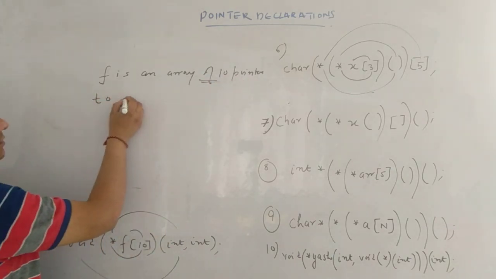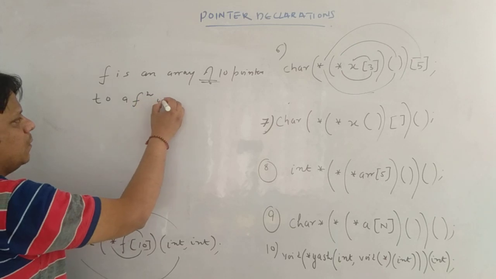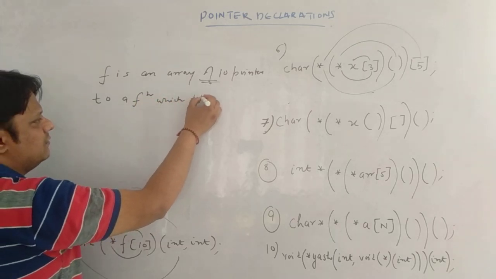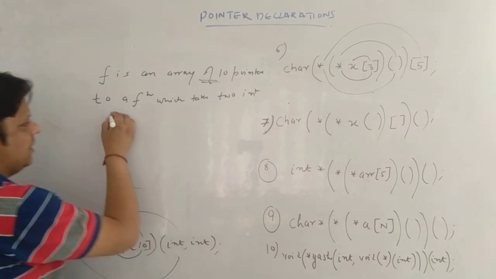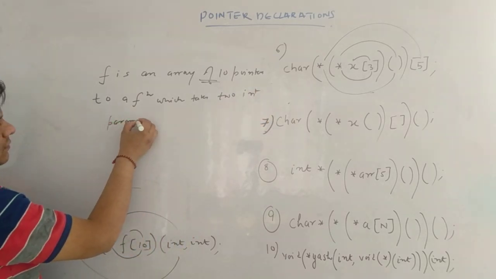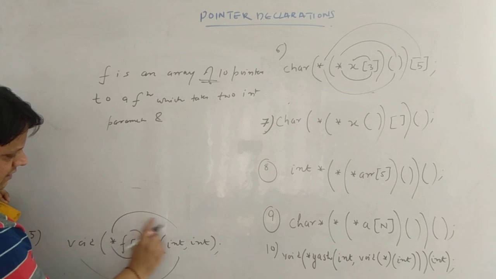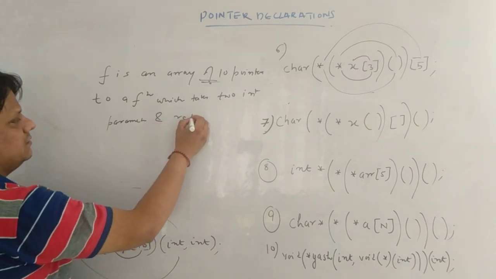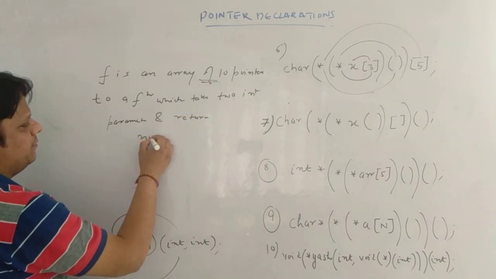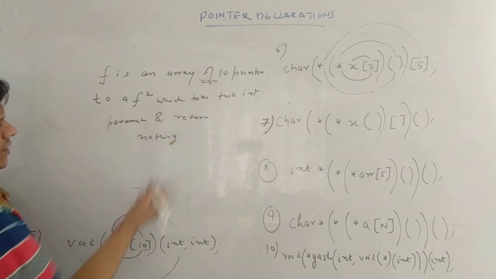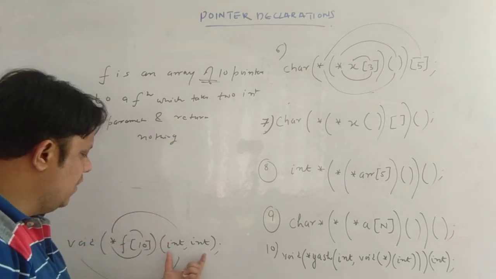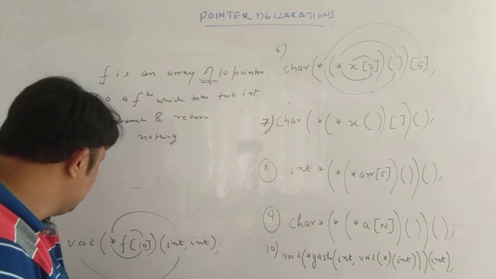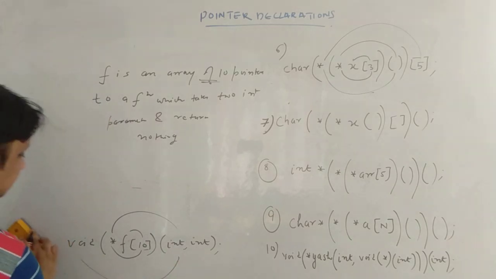To a function which takes two int parameters and returns what? Returns nothing. Void means nothing, or you can even write returns void. So f is an array of 10 pointers to a function which takes two int parameters and returns nothing.